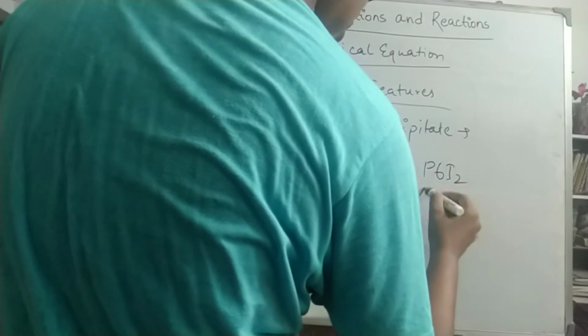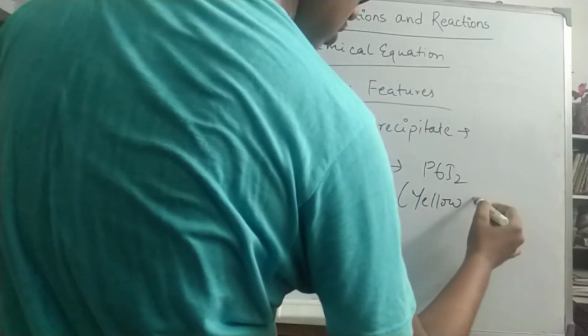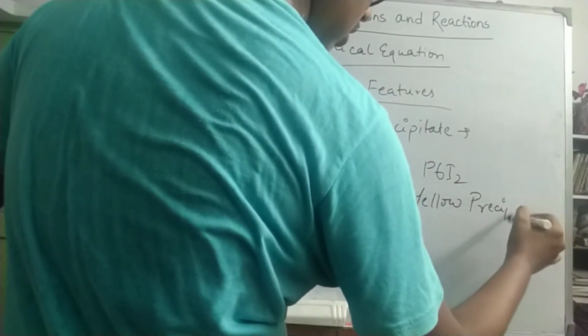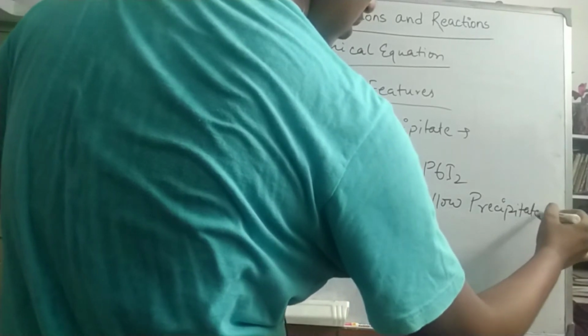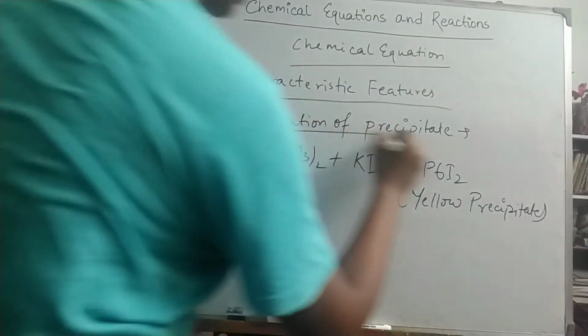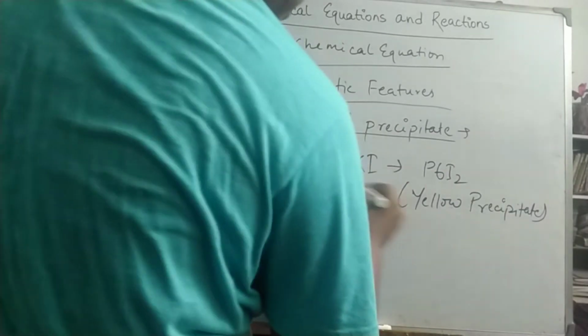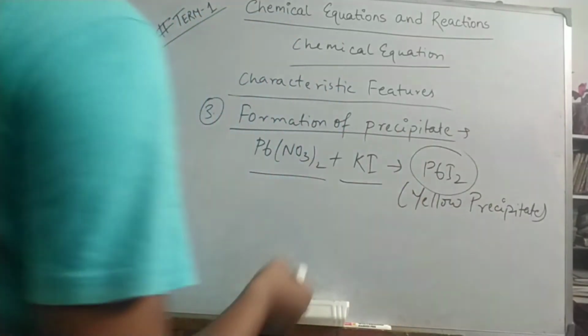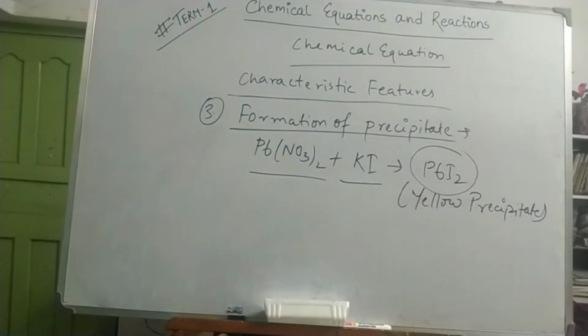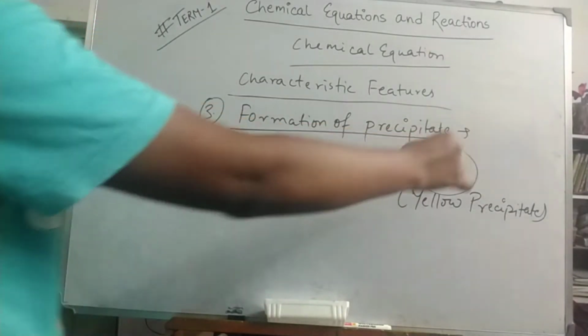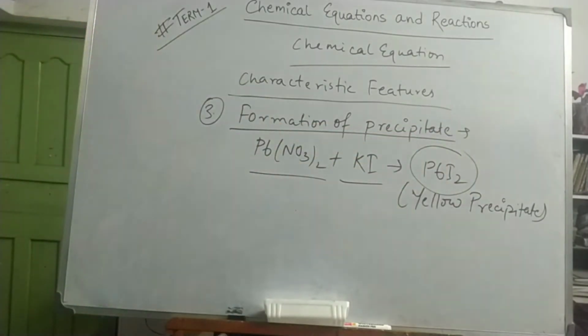It is a yellow precipitate. This is one example of formation of precipitate. This and this will give this as a reaction. Reactants will give this product, and this is a yellow precipitate.